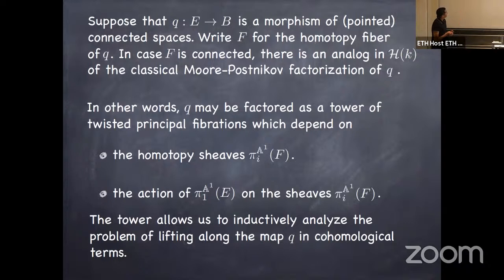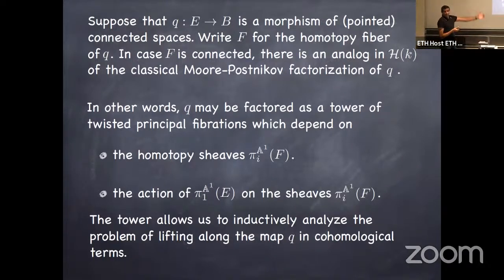And at least if that fiber is connected, then I can factor the map into pieces which depend only on the homotopy of the fibers, and also the action of the fundamental group of the total space on the homotopy sheaves of the fibers. So these things are defined in exact analogy with the corresponding objects in classical topology.